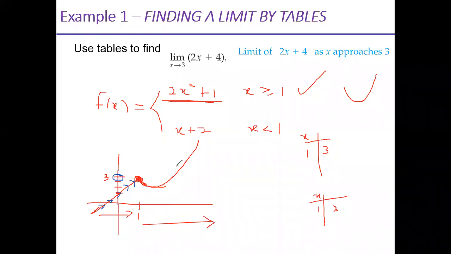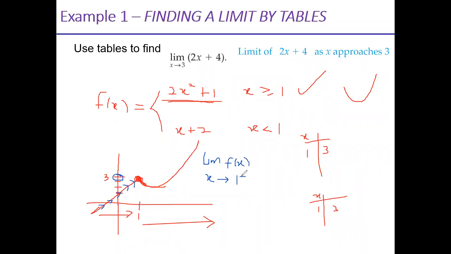Okay. So when we are approaching the value 1 from the left, this is how we write it. We say the limit of the function f of x, okay, as x is approaching 1 from the left, you put a negative there.